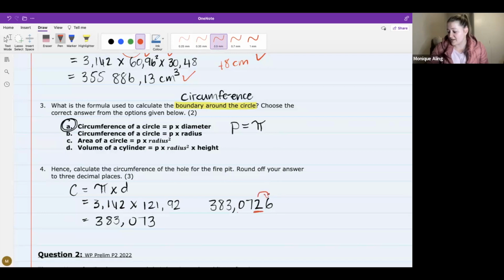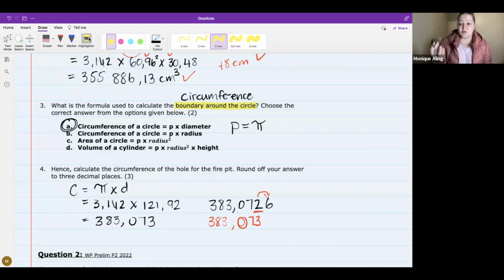We'll always look to the right of the 2. Does it stay the same or go up? Because 6 is above 5, it goes up to 0.073. Okay, so it's normally 2 decimal places unless otherwise stated, and they did ask for 3 decimal places in the question.